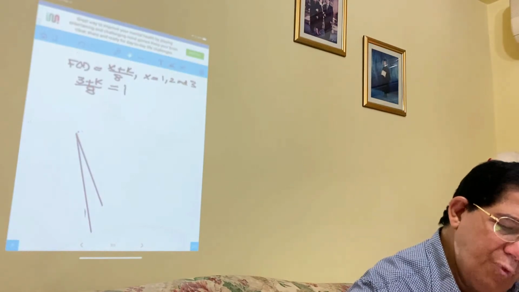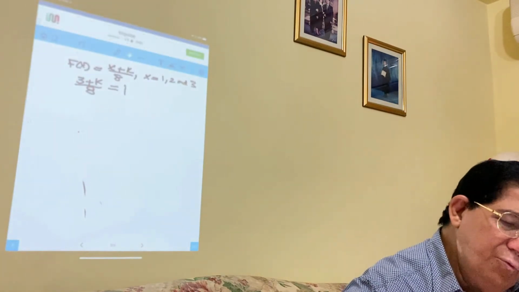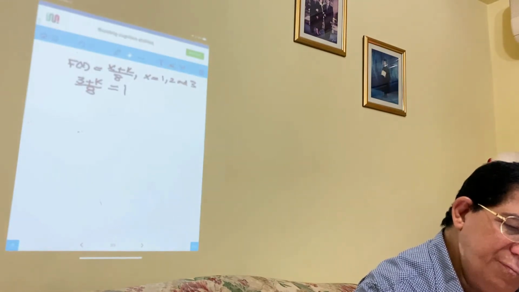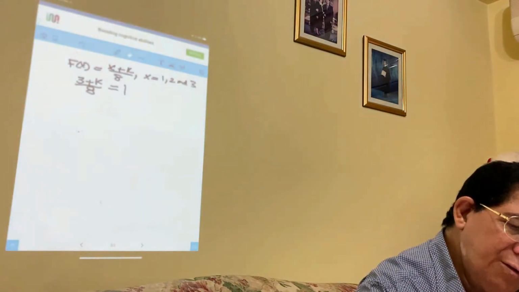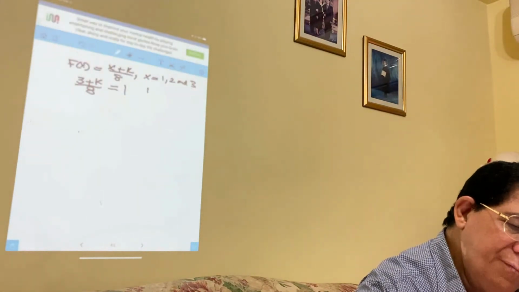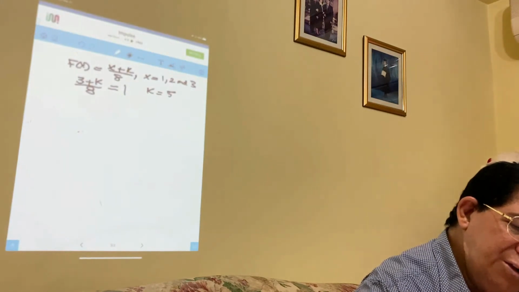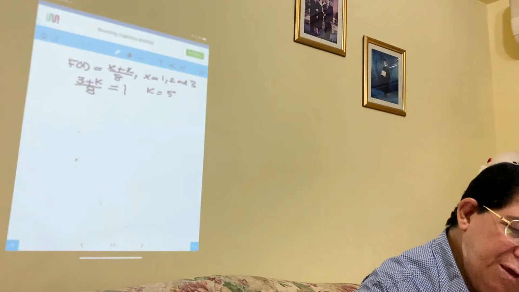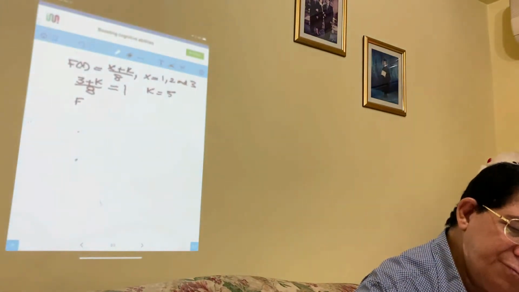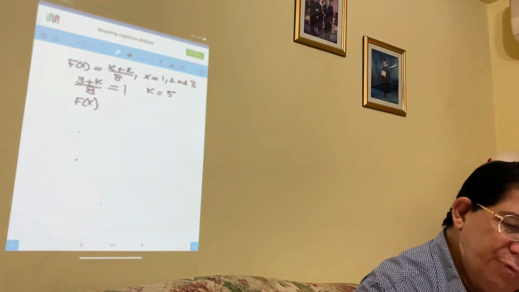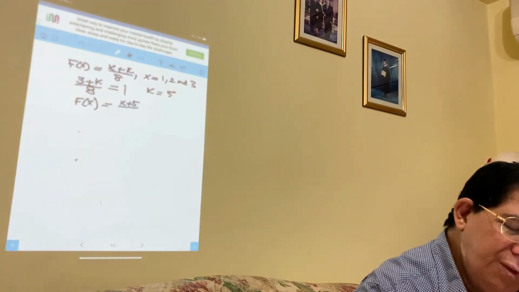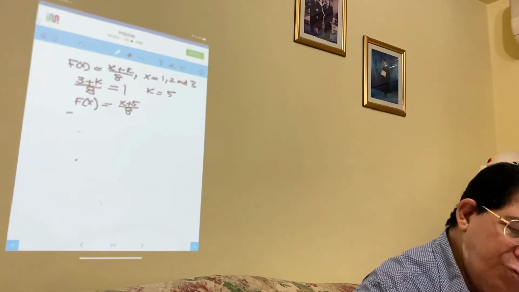Now we solve this equation. We are going to get the value of k equal 5. It means that the function F of x equals x plus 5 over 8. What is the value of F1?